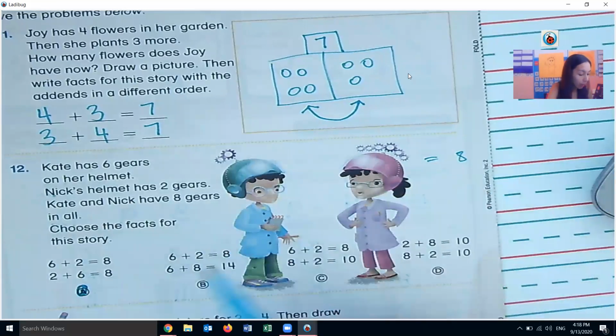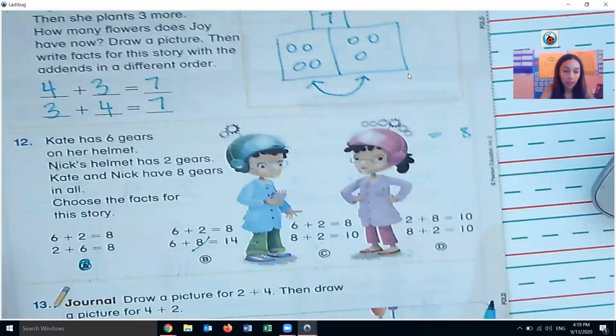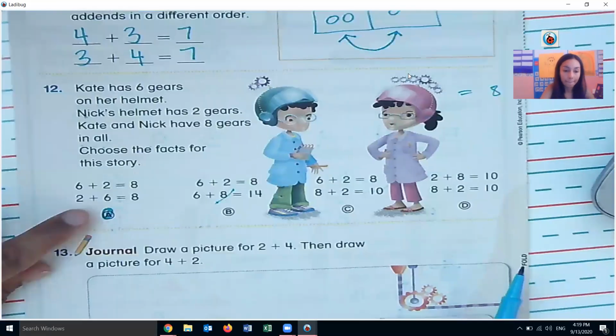That part is true, but we don't need to add 8 here. That makes it not true because there's no 8 anywhere on either him or her. 8 plus 2, nope. 2 plus 8, nope. Or they're doing other fancy things that are not for this problem. So we're going to stick with letter A.